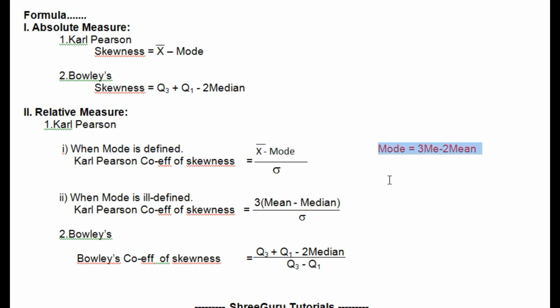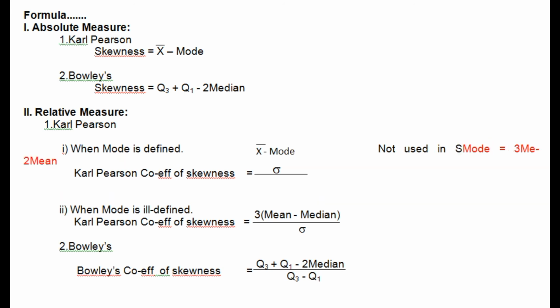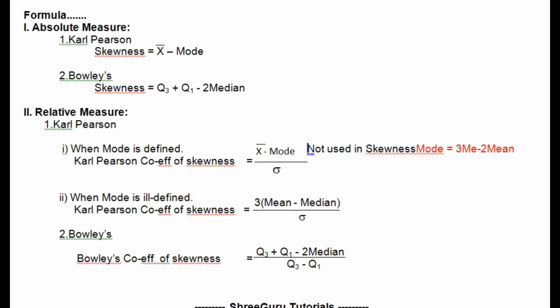For this chapter, this formula is not used. Not used in skewness. I think you all remember this point. Very, very important. This formula cannot be used in case of skewness. Which formula should be used?